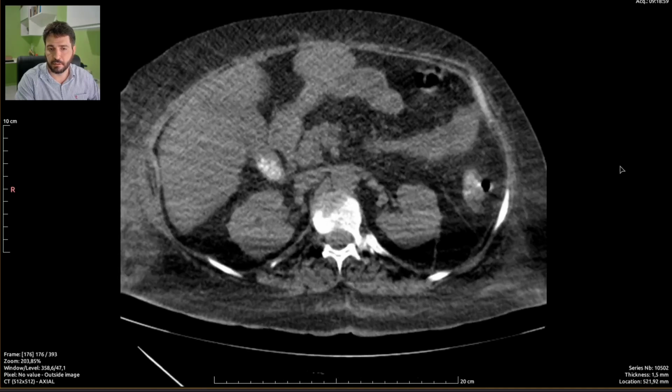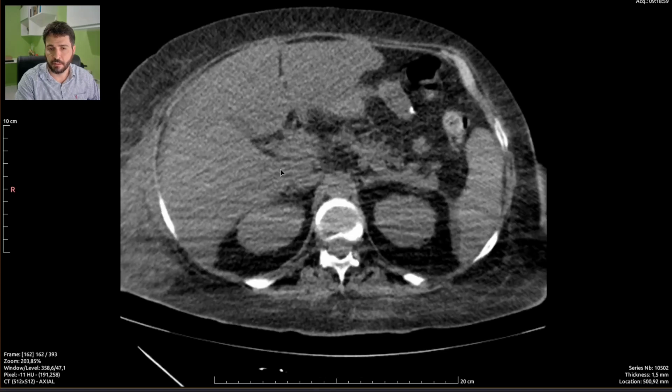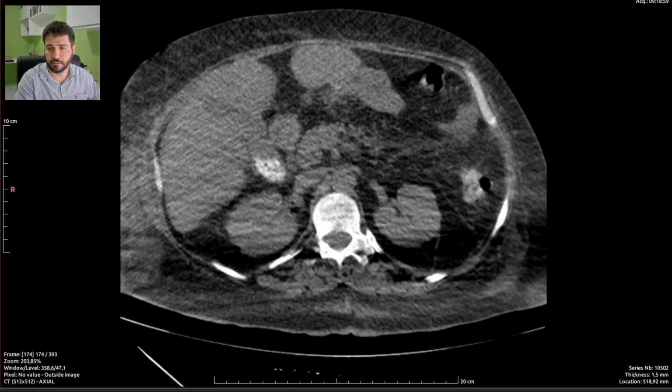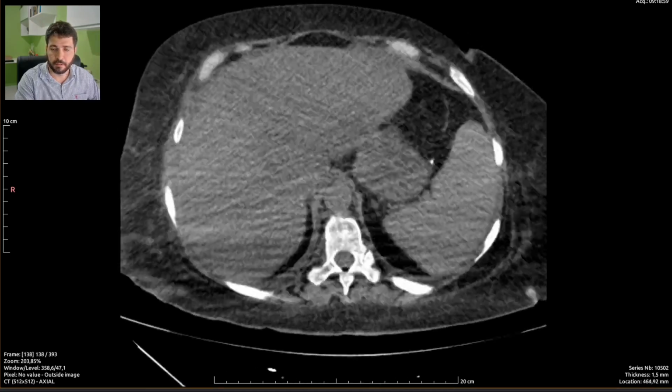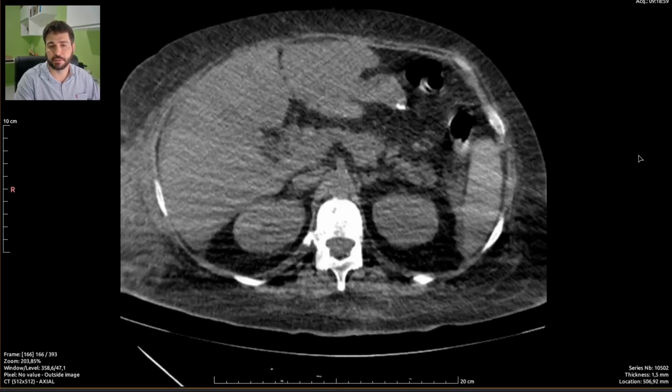But we can also tell that there are a lot of calcified stones inside the gallbladder, and there is mild to moderate liver fat deposition, steatosis of the liver, hepatic steatosis.